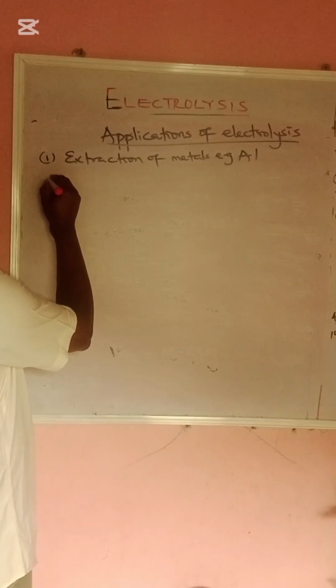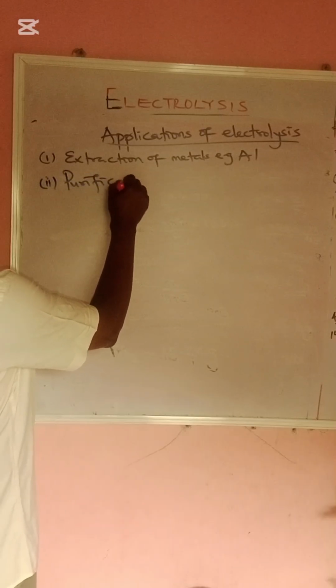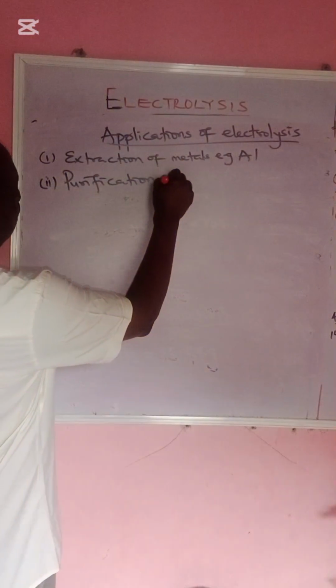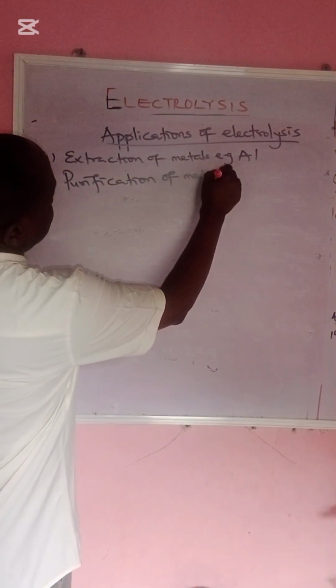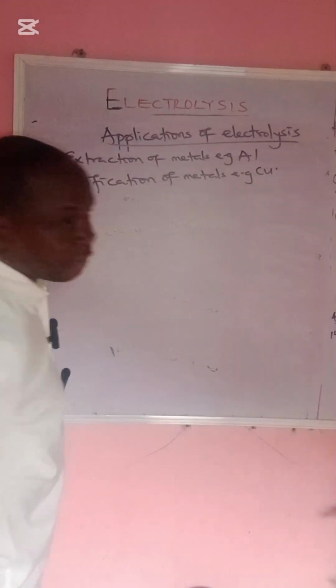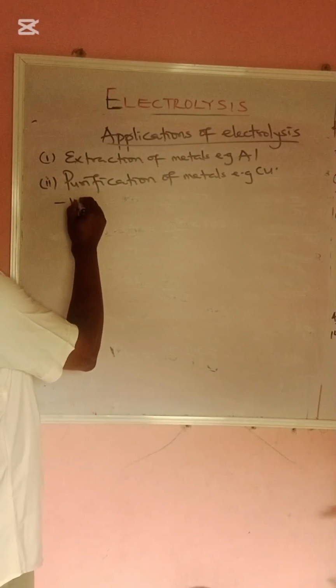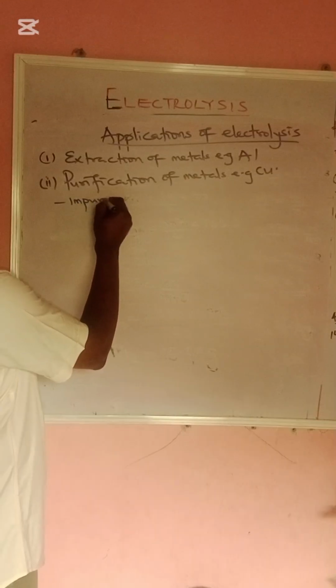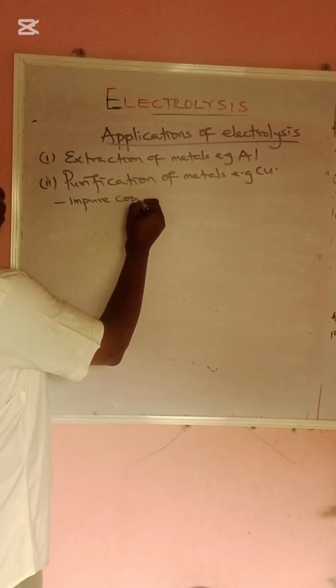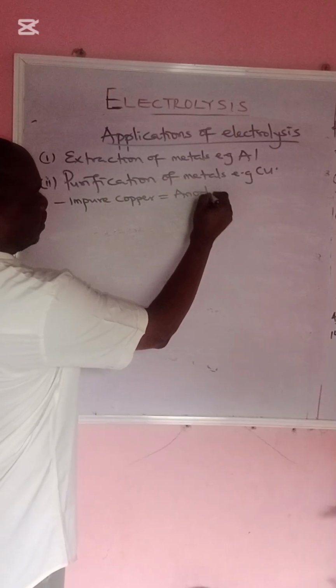2. Purification of metal, e.g. copper. Take note under purification of metal. Impure copper is made the anode. Please take note of that.